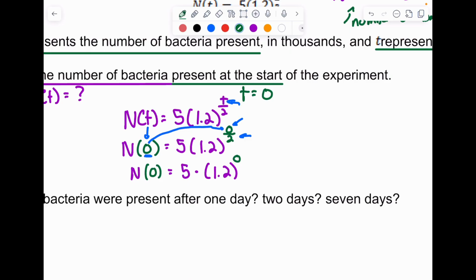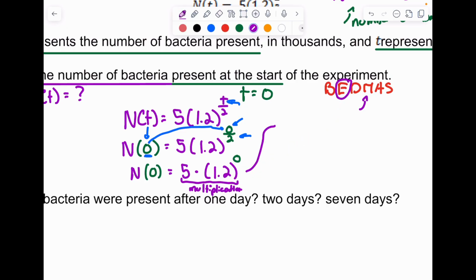Okay, the next thing, well, you have to follow the rule of BEDMAS, right? So the operation that is occurring between this 5 and this 1.2 right here is multiplication. So that's this M right here. So you need to deal with your exponent first. So you need to deal with this 1.2 to the power of 0 first.